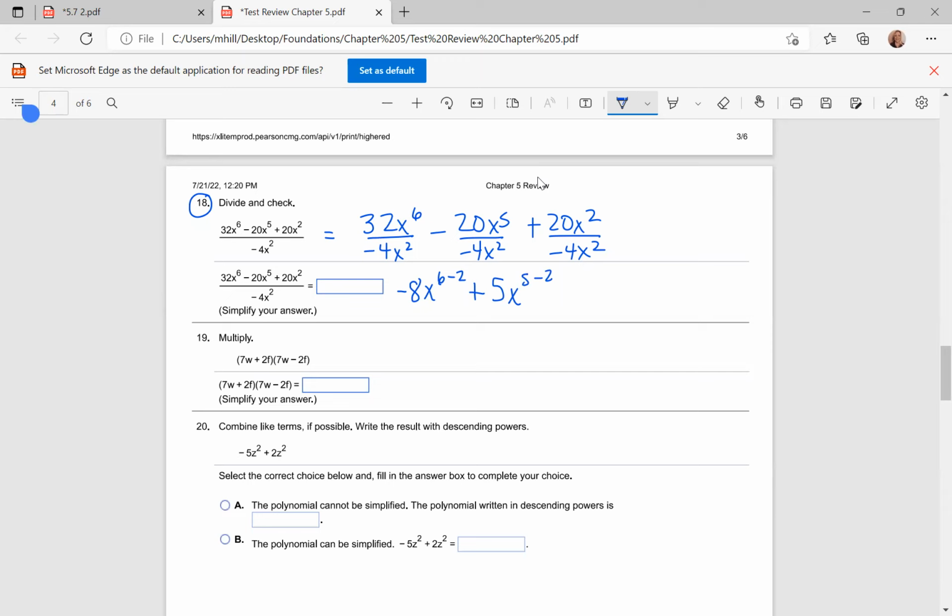And then 20 divided by negative 4 is negative 5. X to the 2 minus 2, which basically means those are going to cancel out. But negative 8, x to the 4th, plus 5, x to the 3rd, minus 5, because x to the 0 is just 1. So this is our final answer on that one.